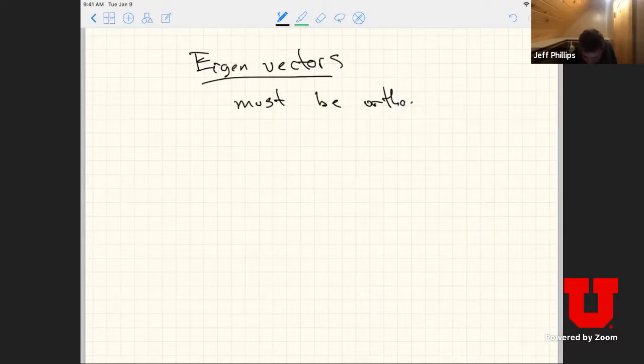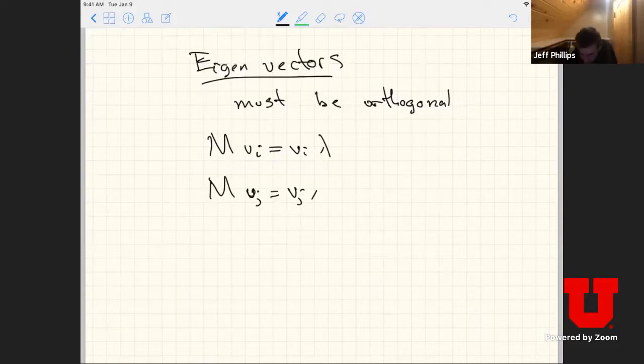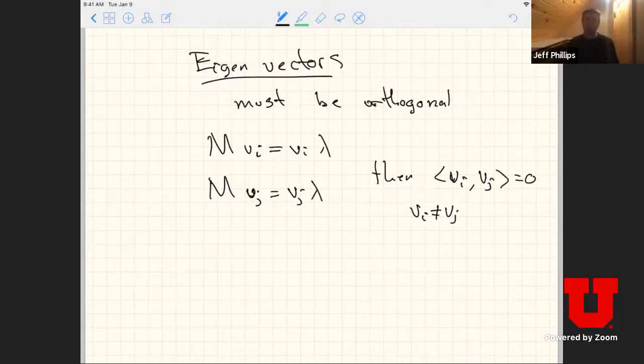So if I have M v_i equals v_i lambda, and M v_j equals v_j lambda, then v_i dot v_j is equal to 0 if v_i is not equal to v_j. Okay, so this is another property of these eigenvectors, in that they're going to be orthogonal to each other.